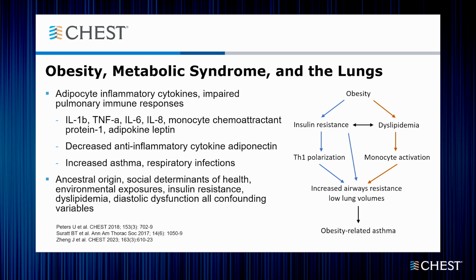And there is great data to suggest that obese patients have an increased rate of asthma and even respiratory infections. It's important to highlight that obesity in and of itself is a complex syndrome related to all sorts of different socioeconomic factors and environmental exposures, and causes things like diabetes and insulin resistance that in and of itself can cause significant physiologic impairment with the lungs.